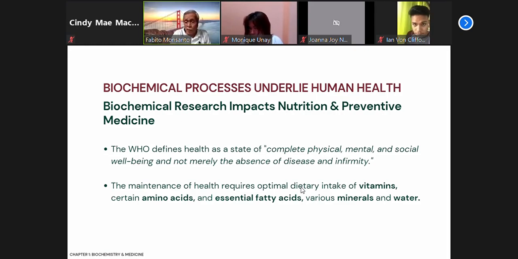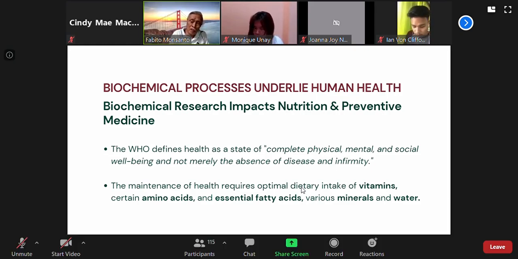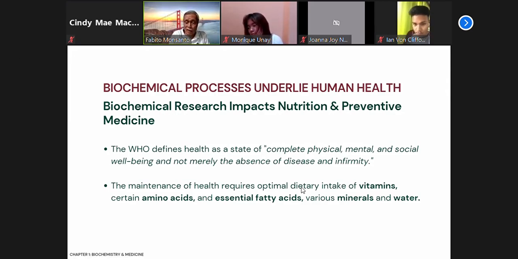You must have heard, of course, of omega-3, omega-6, omega-9 fatty acids. And then, of course, minerals. Foremost mineral that you can always remember in your body is calcium. That's in the bones. But actually, your calcium is not only in the bones, but it is also found in the neuromuscular processes.